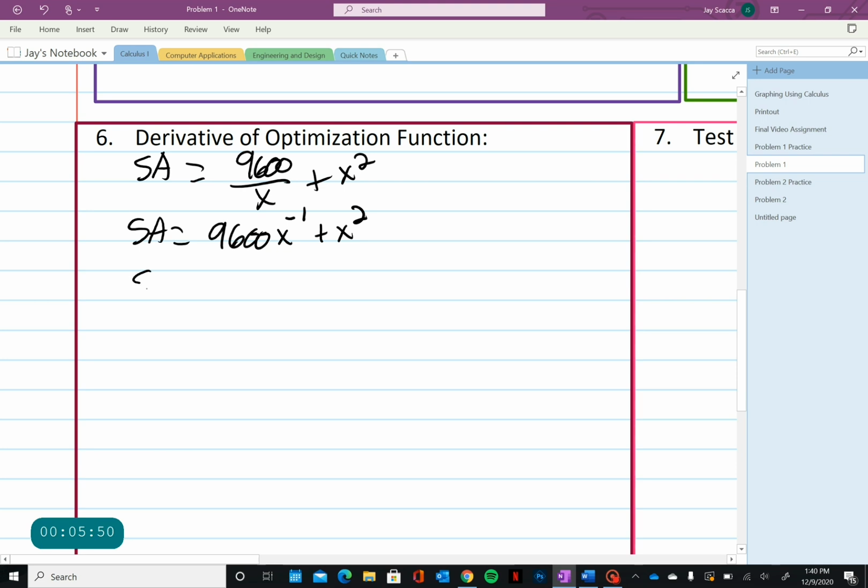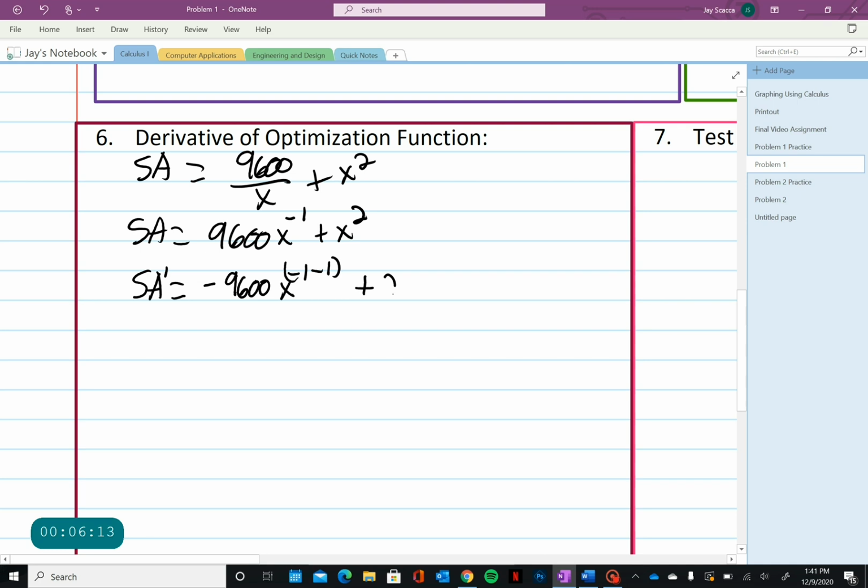And then we can find the derivative by pulling the -1 out in front, multiplying that by 9600, and then dropping the exponent by 1.